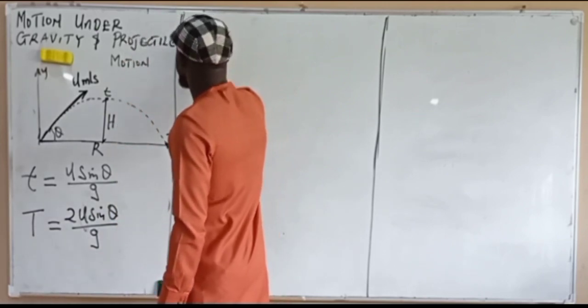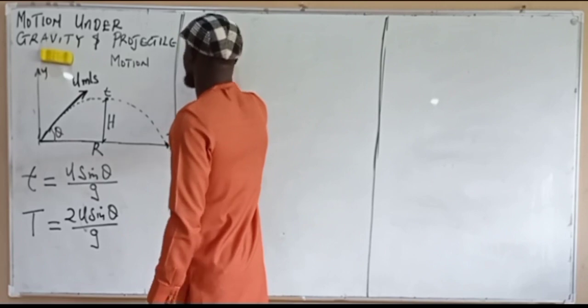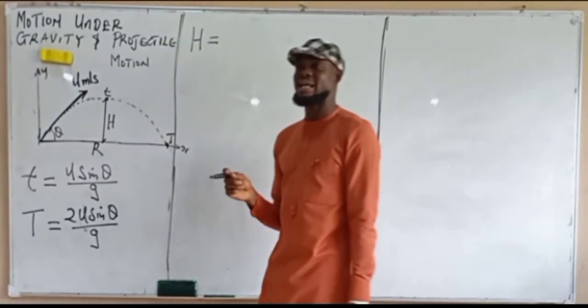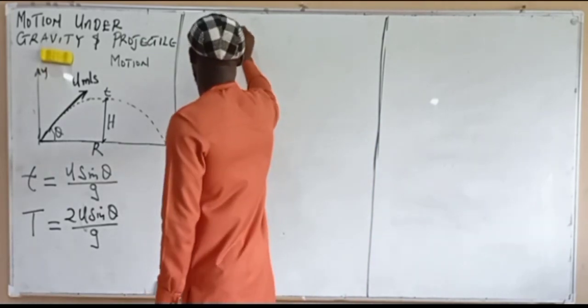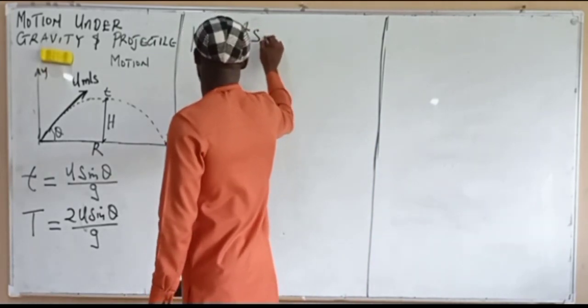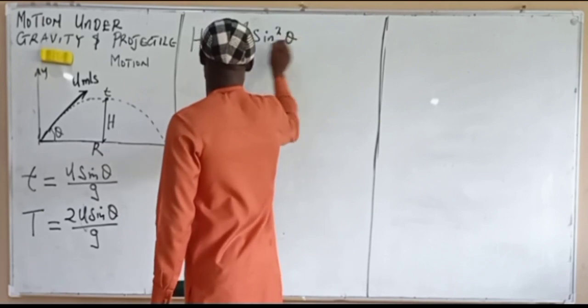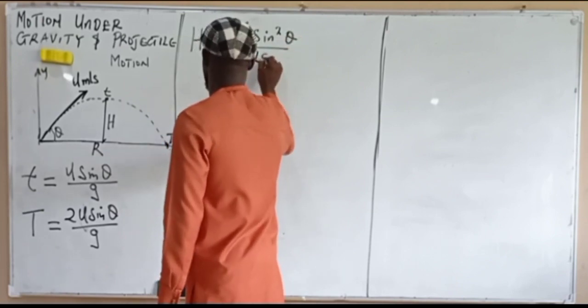Then the maximum height attained by the body is given as u square sine square theta over 2g.